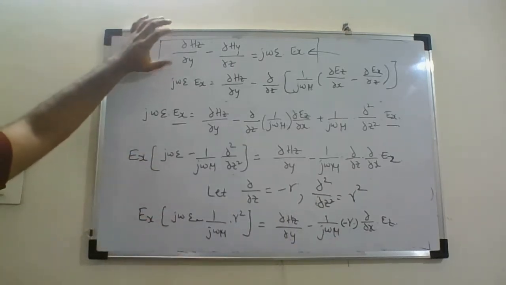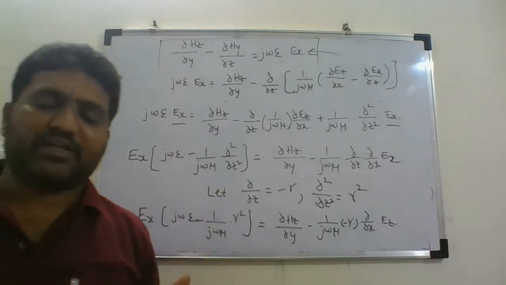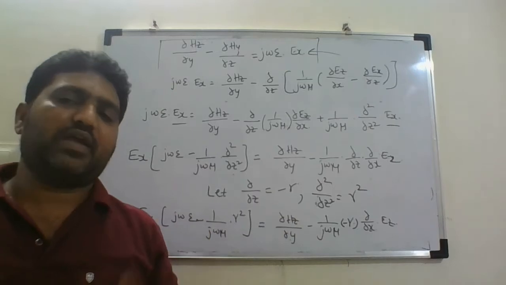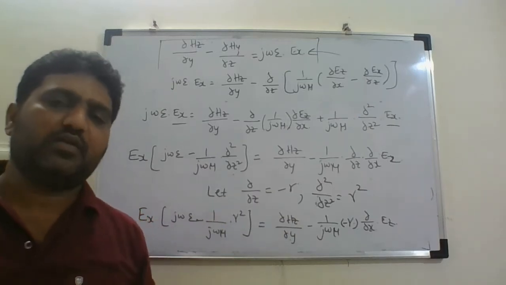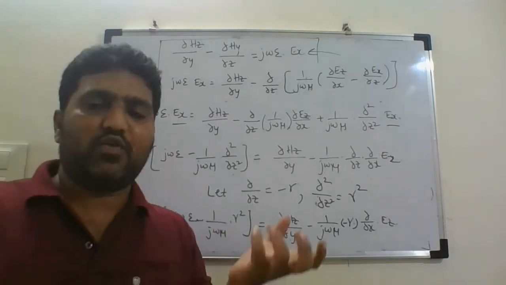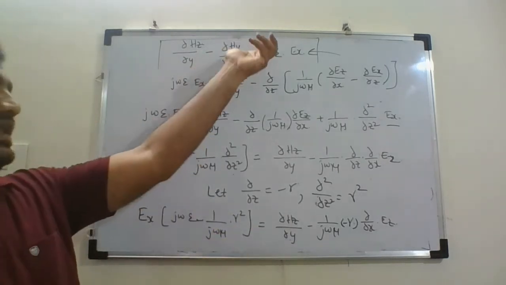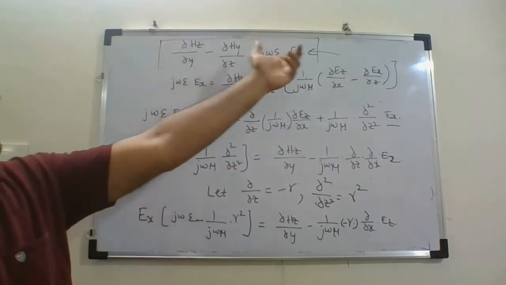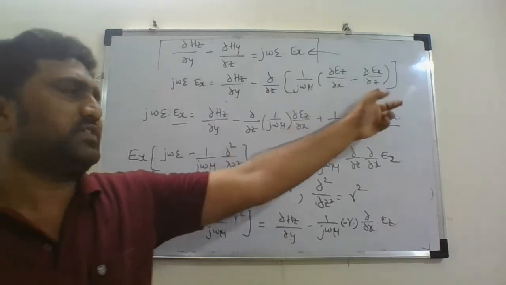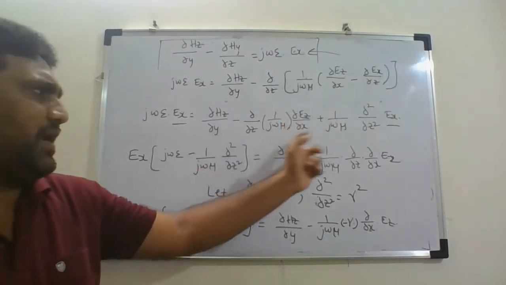We started with Maxwell's equations and got the expressions for Ex, Ey, Ez, Hx, Hy, Hz. Again we have to solve these. For that I am taking the value of Hy and substituting it in Ex, so I get an expression like this. In place of Ex I am writing this term and expanding it.